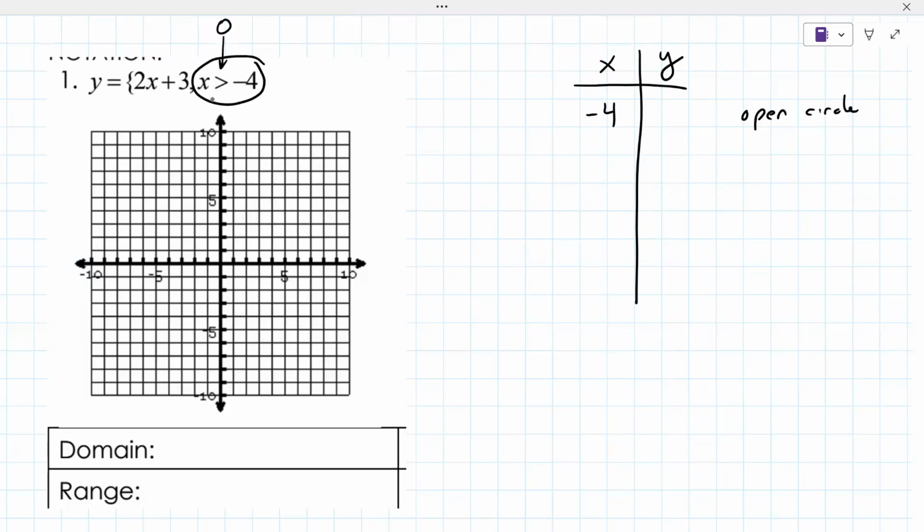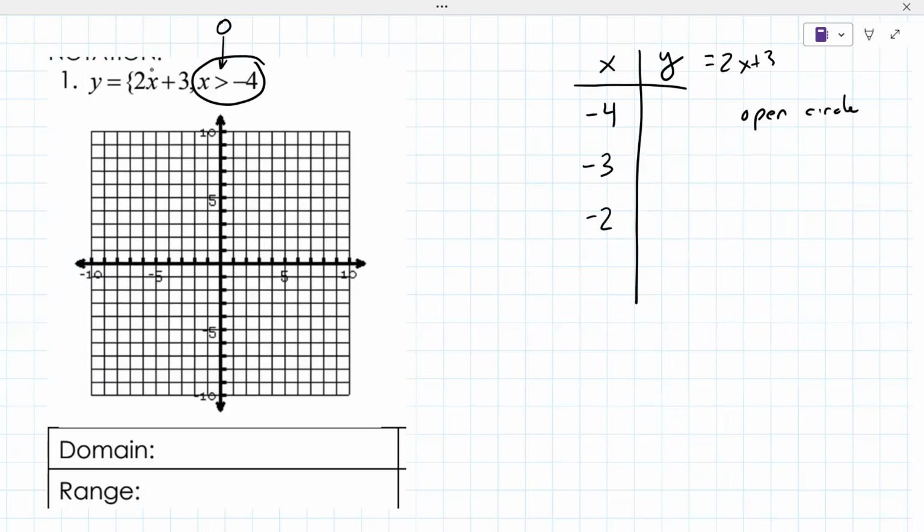And then you're getting larger than -4, so -3, -2. Your instructor may have specified how many points they want on a line. You only need 2, but sometimes they want you to plot more than 2 points. So I want you to put those numbers, -4, -3, -2 in for x here.